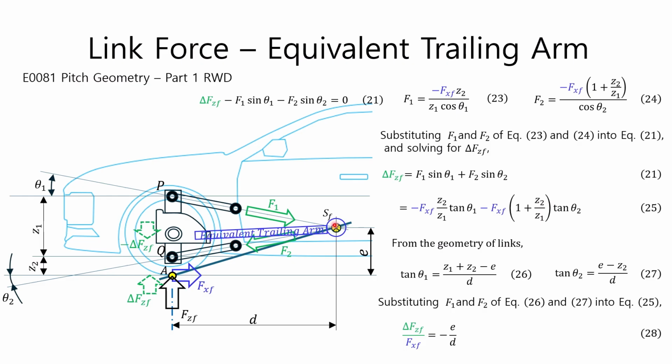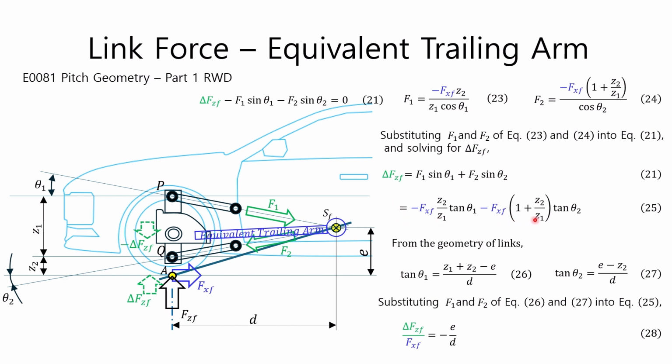point. By substituting equation 23, which represents the force F1 acting on the upper arm, and equation 24, which represents the force F2 acting on the lower arm, into equation 21 and rearranging for delta FZF, we obtain equation 25.